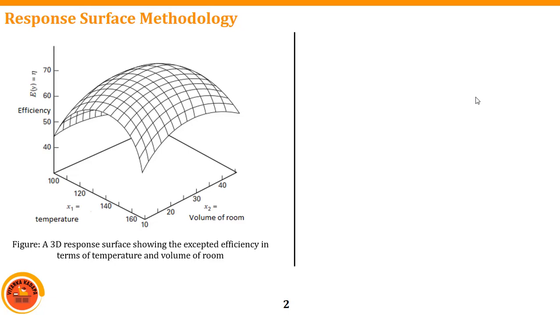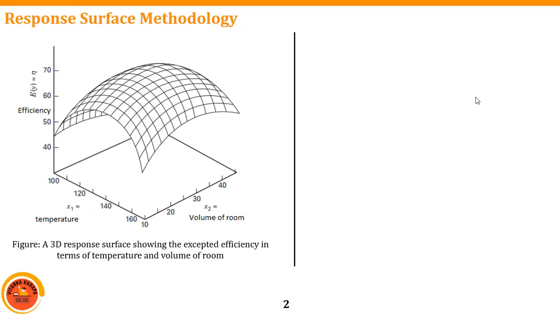The efficiency of a room can be estimated depending upon the temperature of that room as well as the volume of the room. If volume increases, temperature increases, and efficiency decreases. So I need to establish some kind of air conditioning for that room. If the volume of the room increases, then efficiency will get reduced, because temperature is getting increased.